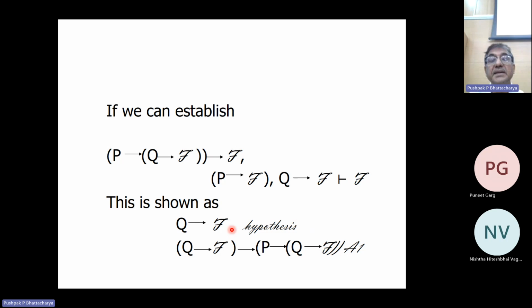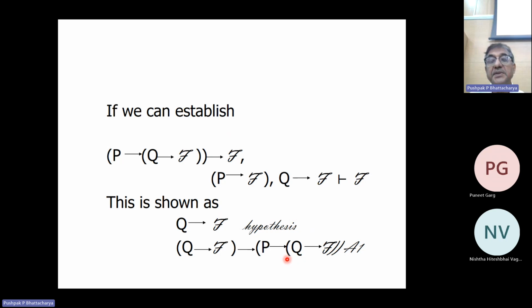What it is saying is that from these 3 things as hypothesis, show that the last line is F. Q implies F is given as a hypothesis. And (Q implies F) implies (P implies (Q implies F)) is an axiom. We apply axiom 1, instantiating B to P and A to Q implies F. This is a hypothesis and this is an axiom.